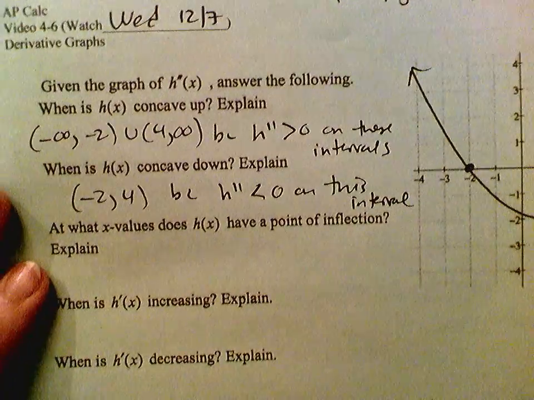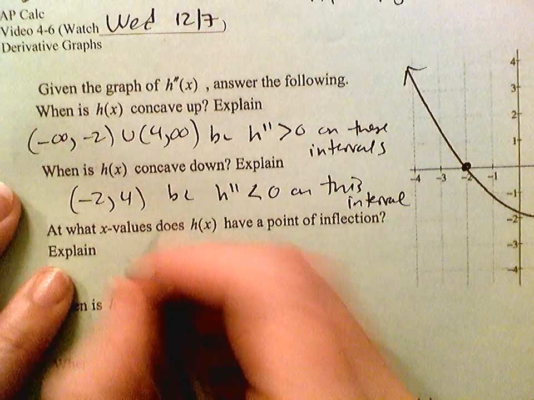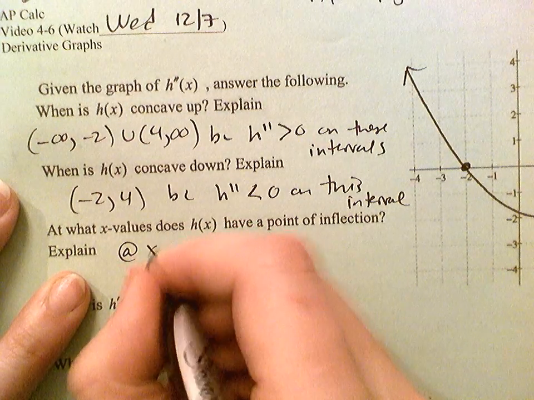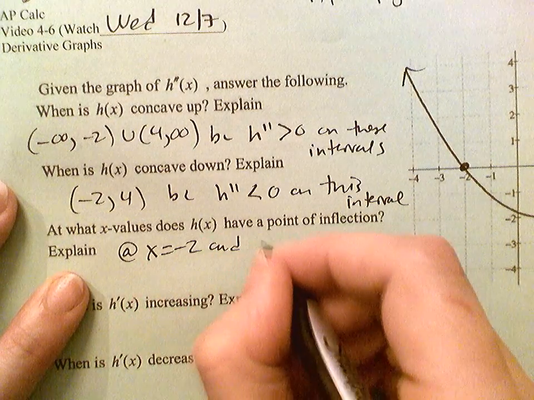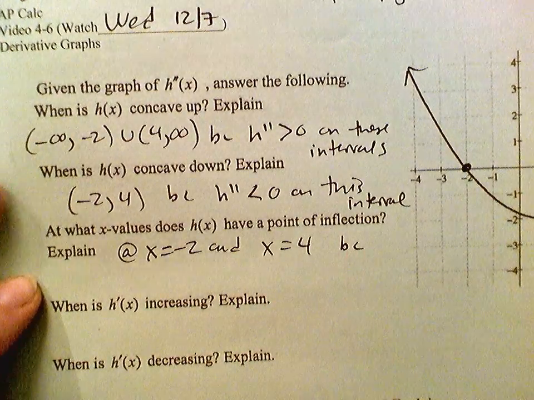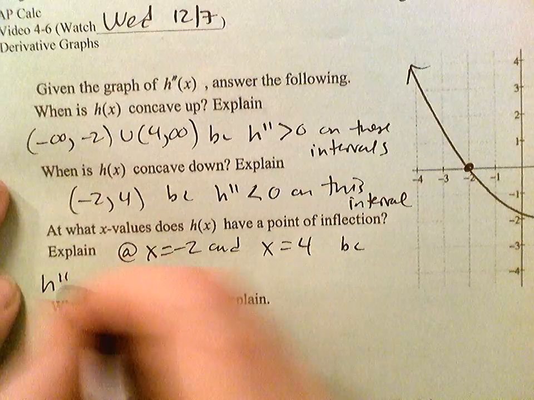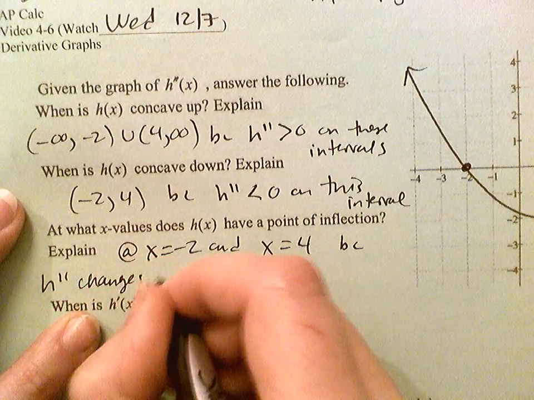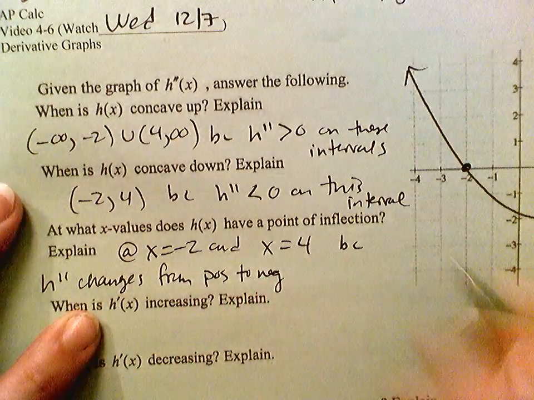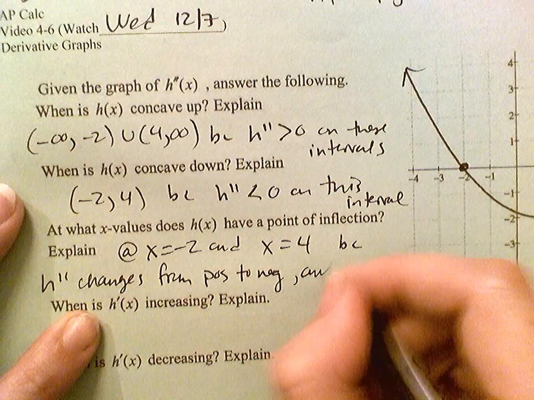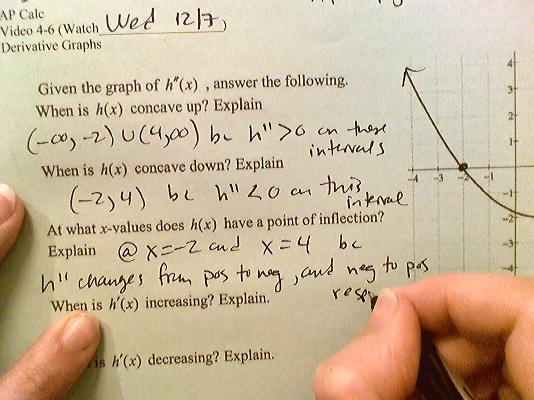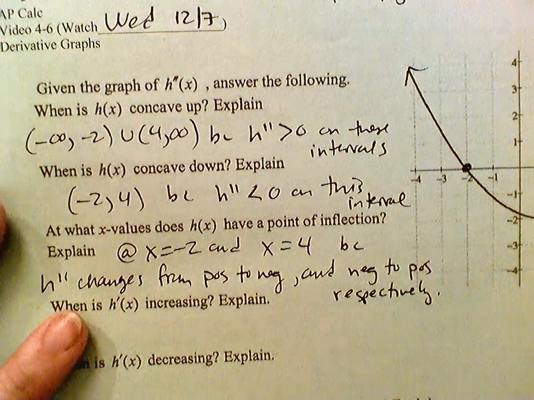So at what x values, we can't say what the exact points are, but we can say what their x coordinates are, because we don't have the original function to plug them back into. So at x equals -2 and x equals 4, and then I'll say because h double prime changes from positive to negative and negative to positive, respectively.